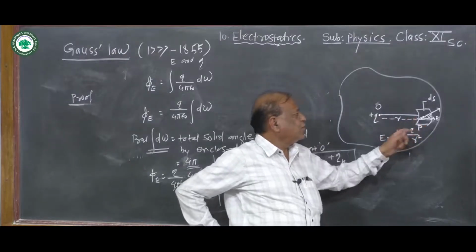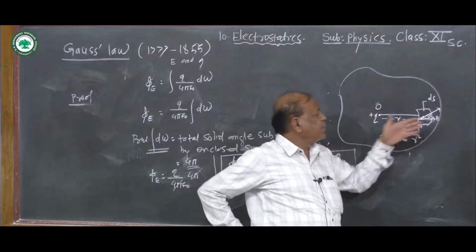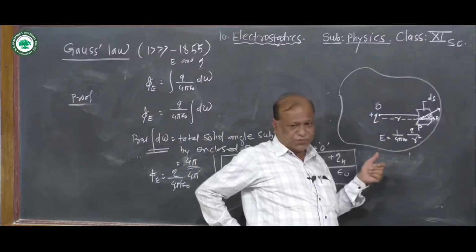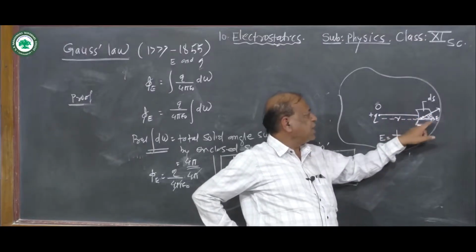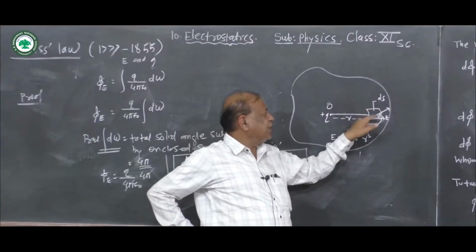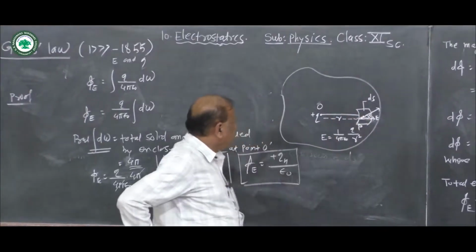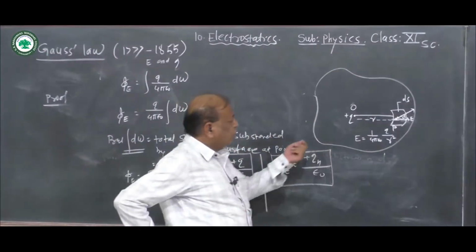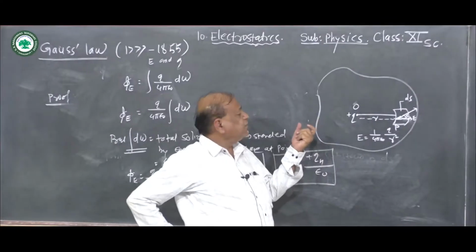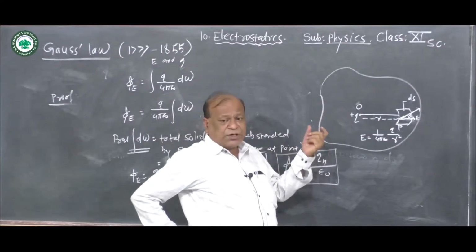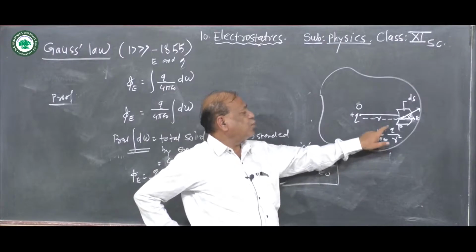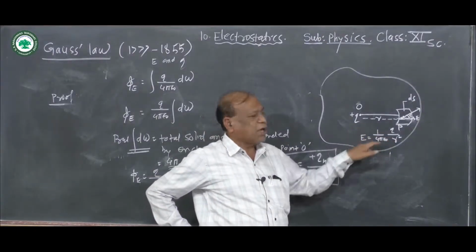And now here the electric field E is directed as shown in the figure, and theta is the angle between E and this small surface area ds. We know that the electric field at a point due to a point charge is given by E is equal to 1 upon 4 pi epsilon 0 Q upon r squared.